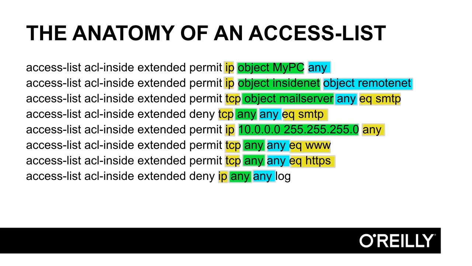If you look at line 3 that says TCP object mail server any equal SMTP, the eq SMTP at the end of the line goes together with the TCP. It means all TCP traffic that equals SMTP. The same for line 4. For line 7, you can see there is TCP any equal HTTPS, and the line before, TCP any equal www. That's the same.